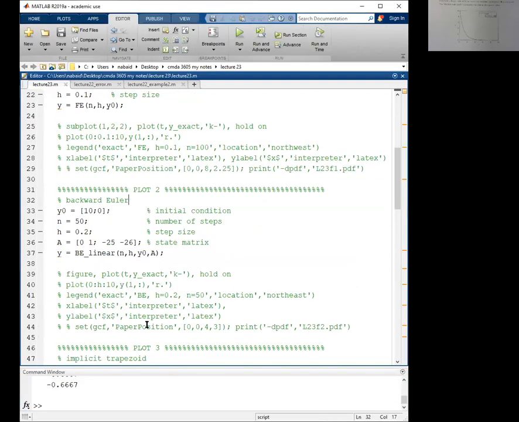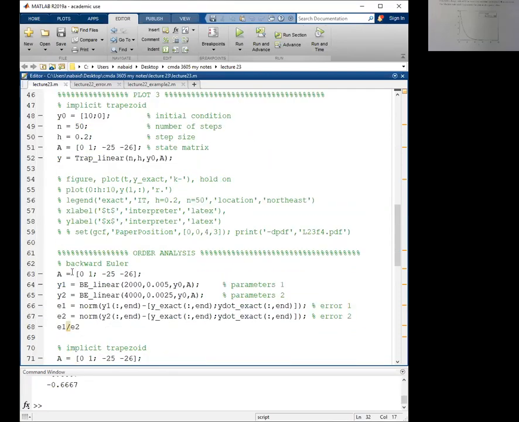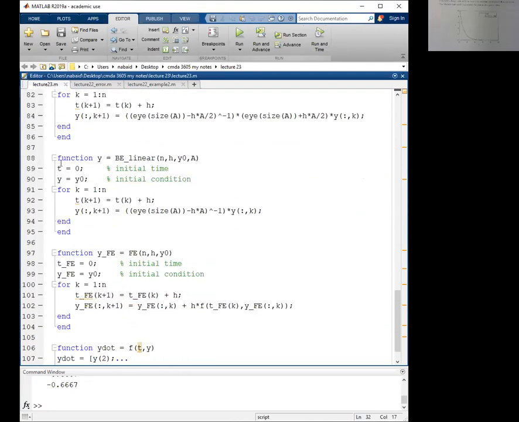If I look here for the backward Euler algorithm, down here in my list of functions, BE linear, because now I input the number of steps, step size, initial condition, and now I'm using A, because I'm already assuming it's a linear differential equation. And then I initialize my time and my state Y, and then update time by adding H at every time step, and update Y by multiplying by an identity matrix that's the size of A minus HA inverted times the previous Y. So pretty straightforward.